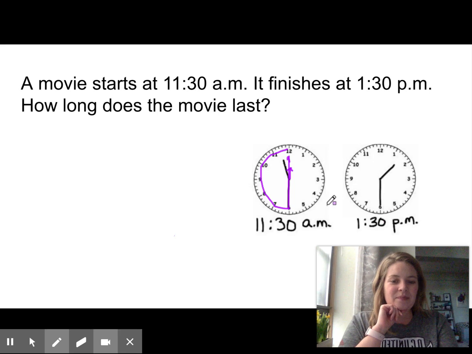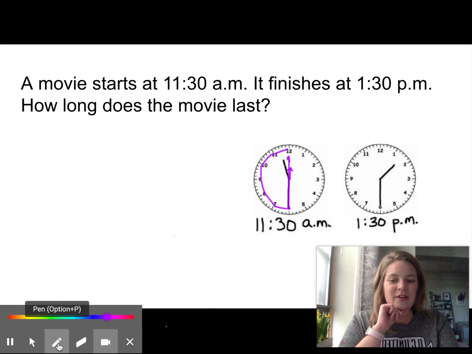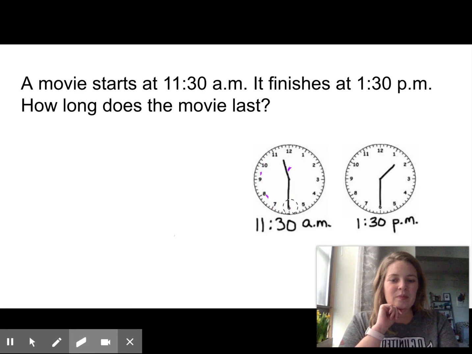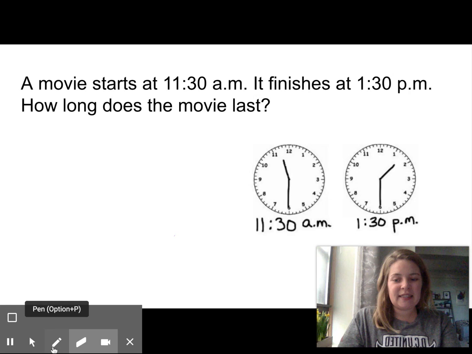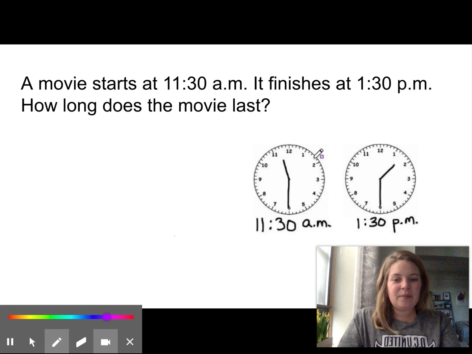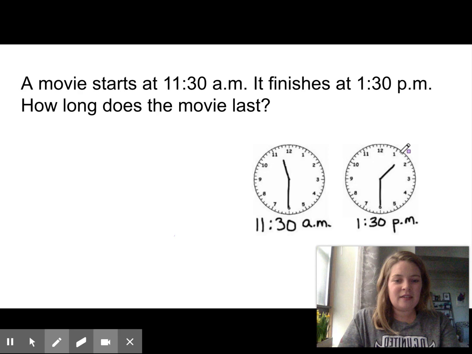All right, so 11:30 a.m. to 1:30 p.m. Well, let's take a look. Does the minute hand move between these two clocks? No, only the hour hand does. It moves from 11 to just past 1.